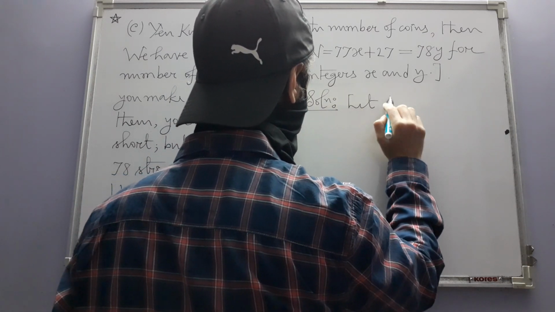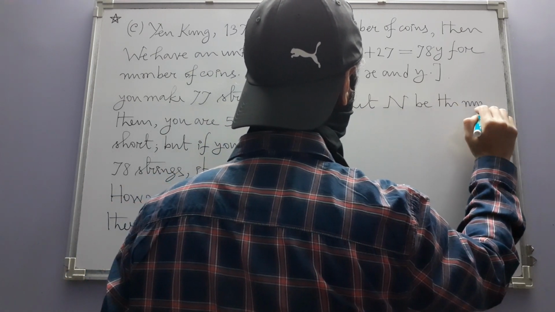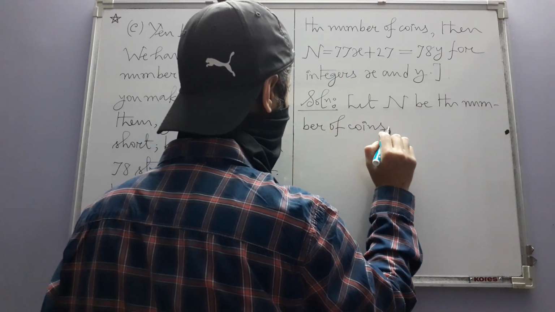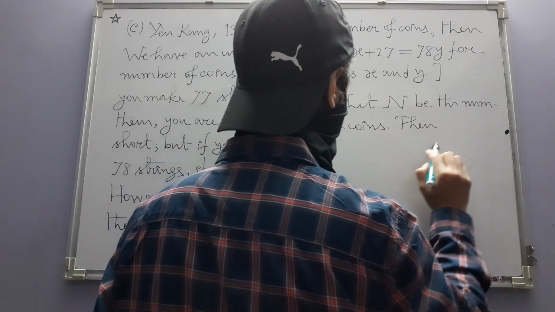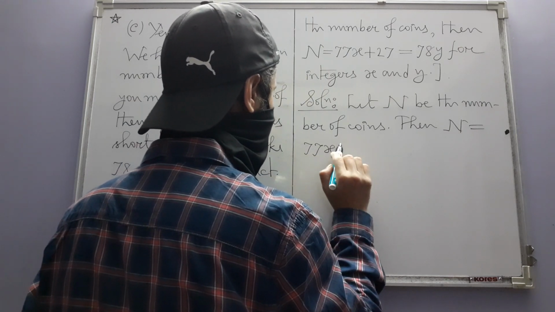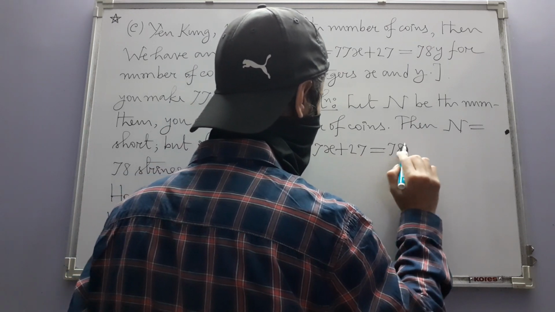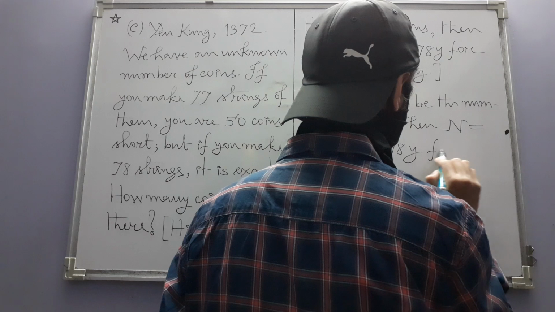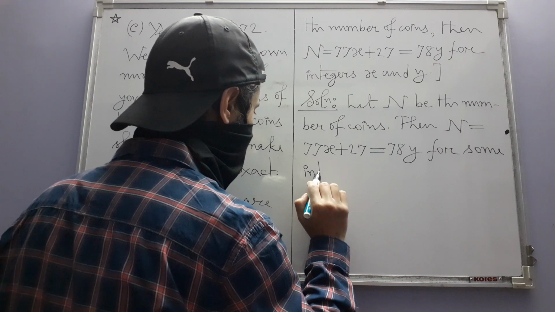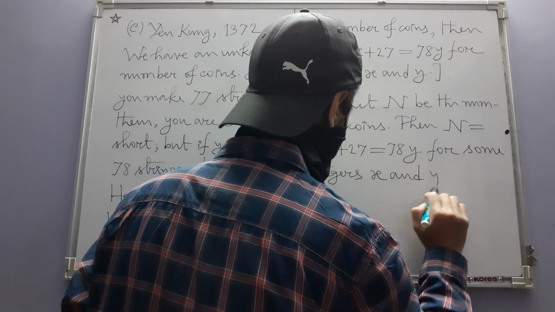Let n be the number of coins, then n is equal to 77x plus 27, that is equal to 78y for some integers x and y.